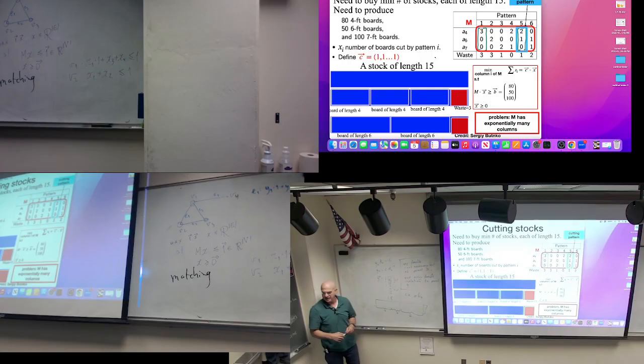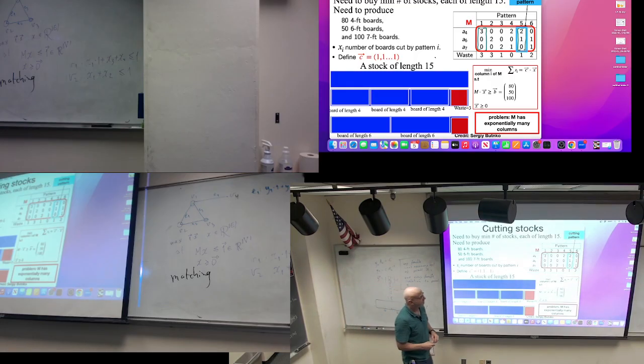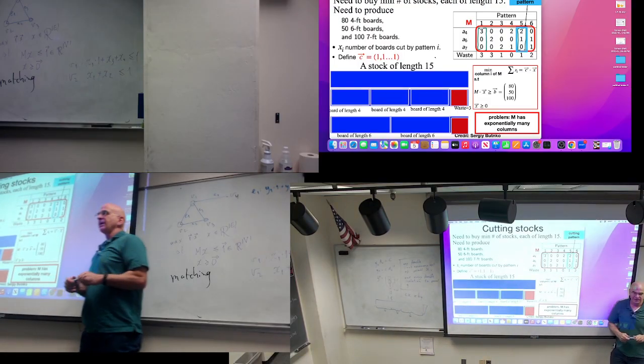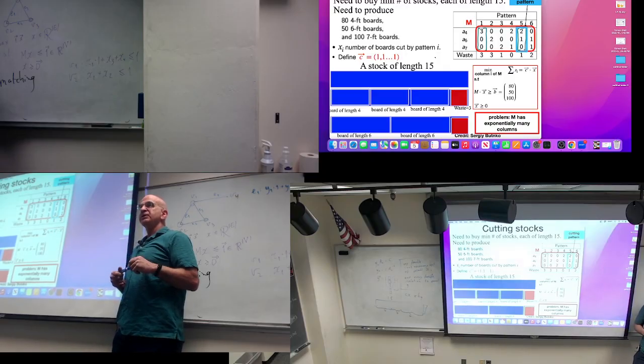And presumably I still have some left over. I can generate all these columns, all the possible cutting patterns.